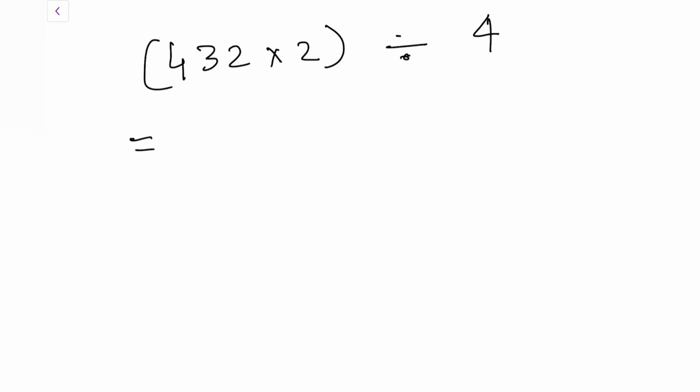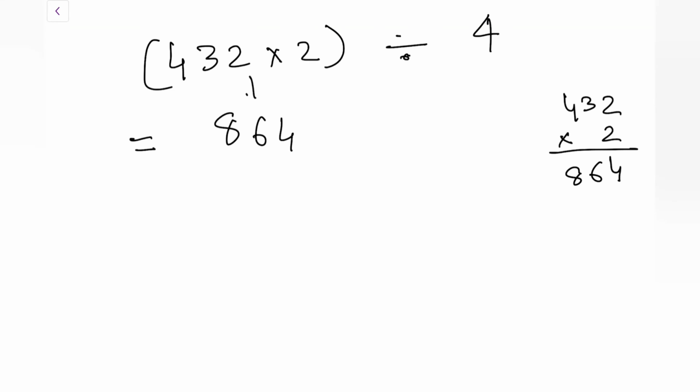So first, let's do 432 into 2. Remember the BODMAS principle where you solve the brackets first. So what is 432 into 2? 432 into 2 becomes 864. So this is 864 divided by 4. That's it. This is a straightforward division problem.